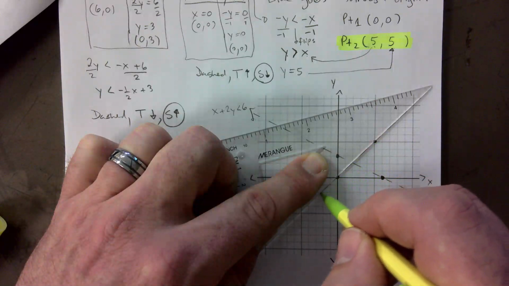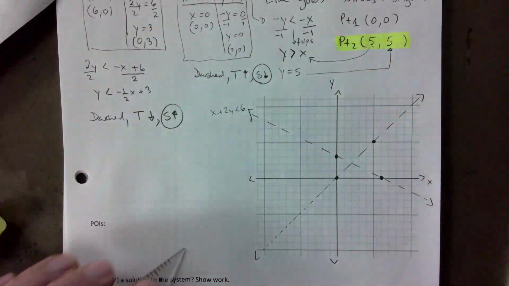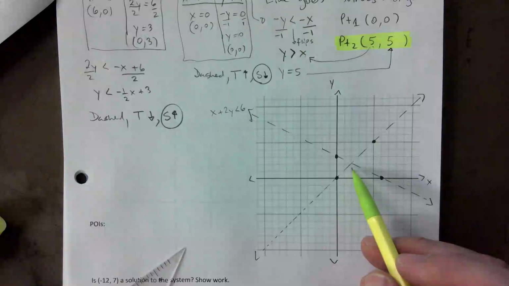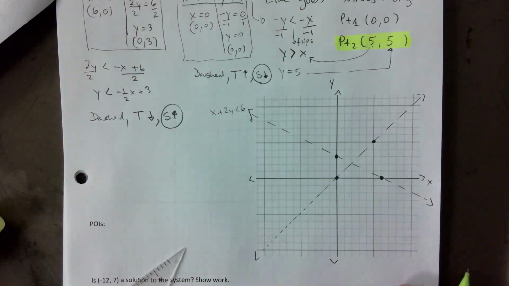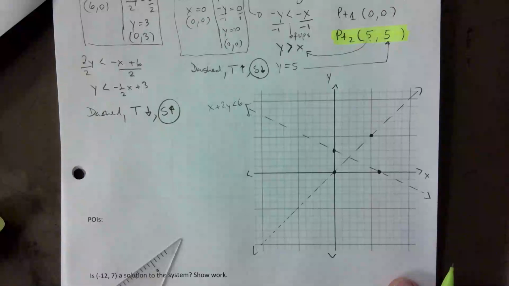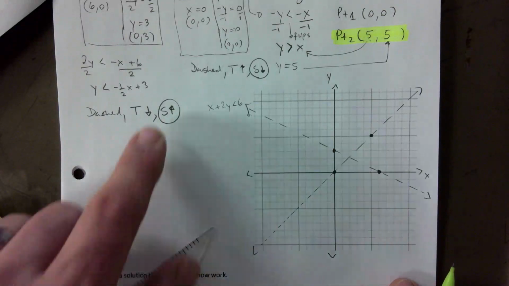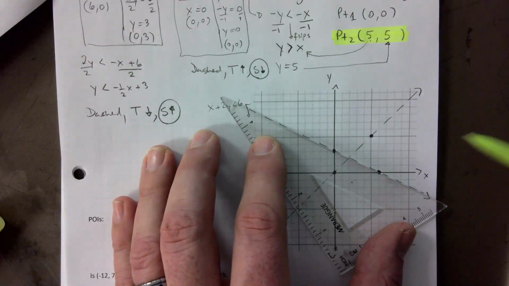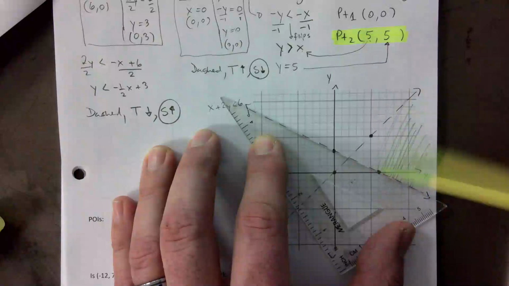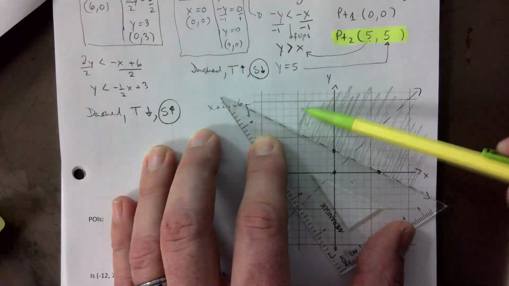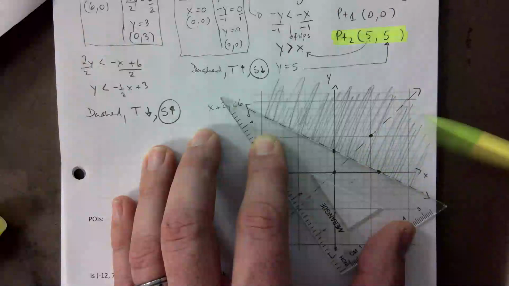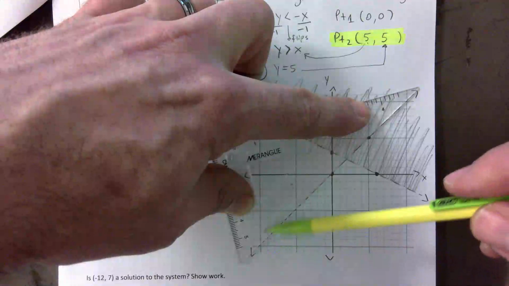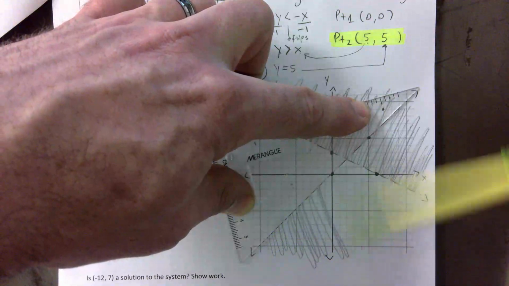I should have probably graphed it on my calculator before, but we know that it's crossing right there. The point of intersection is visible. Now shading. This one I have to shade above, so I go here and shade everything above it. This one I have to shade below, so I go to that line and shade everything below it.